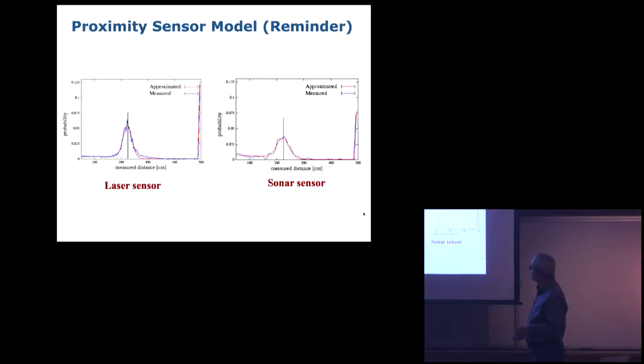So that might be a motion model, and this is one of the observation models that you might use. This is just the statistics of how often you actually measure a certain distance, given that your map tells you how far things are away, given the state of the particle. Right?